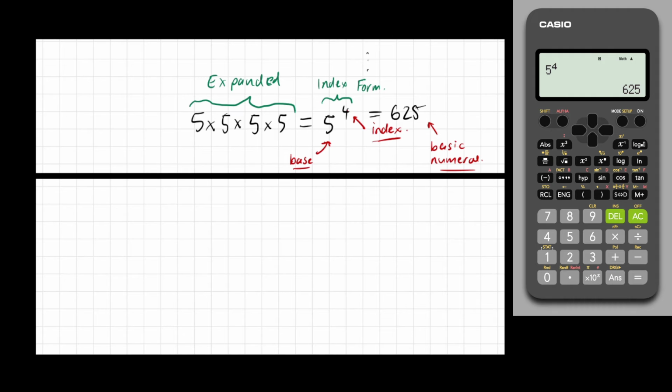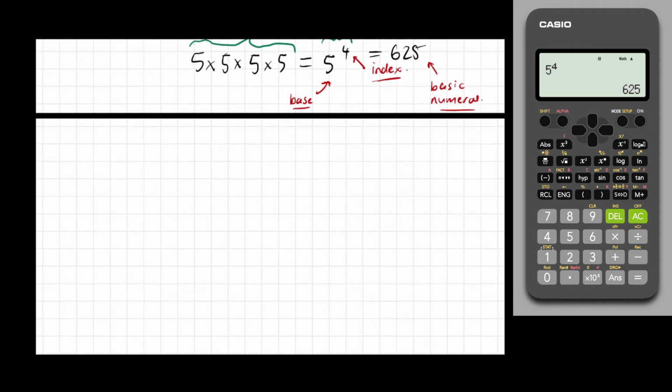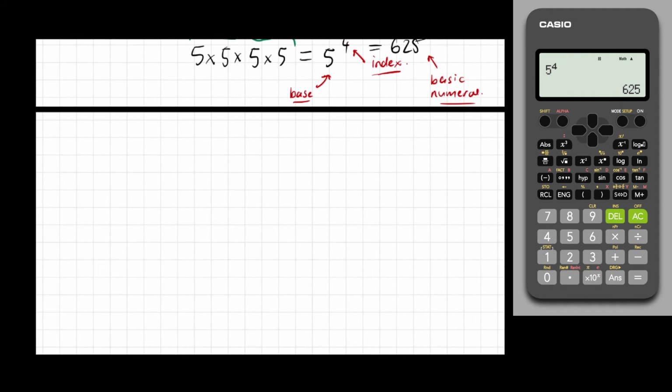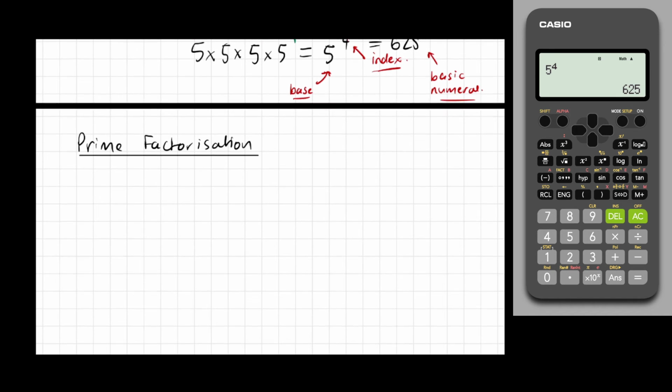Now, one little application of this we call the prime factorization. Now, prime factorization is a cool little tool that can take a really big number and turn it back down into its index form, okay? And we want to turn it into prime numbers.